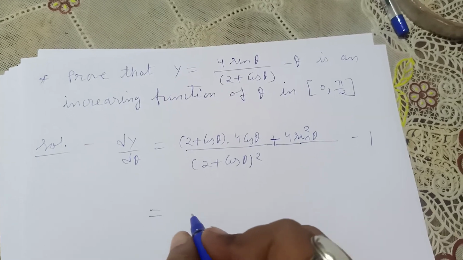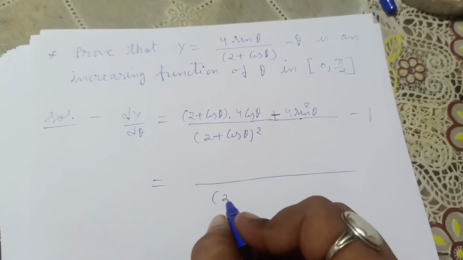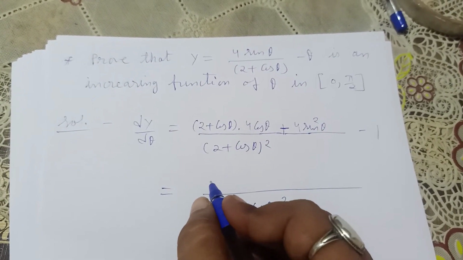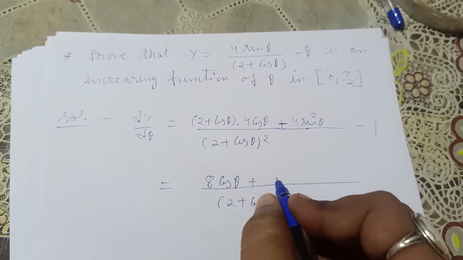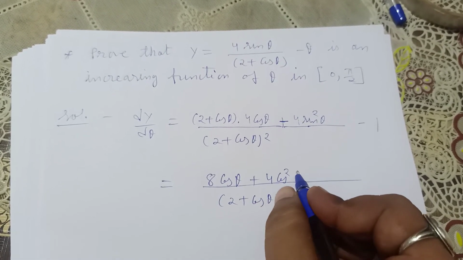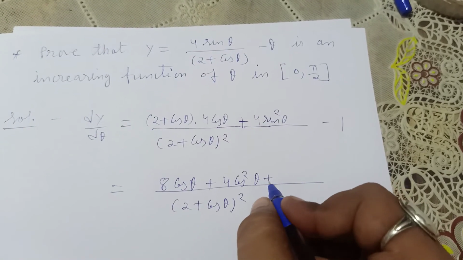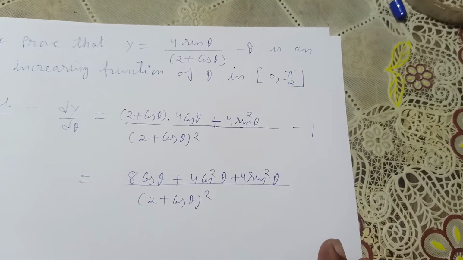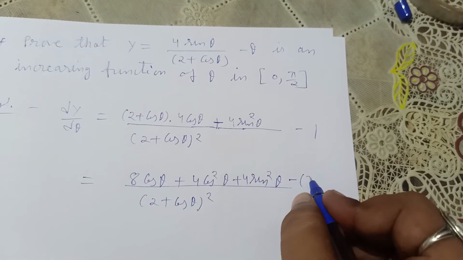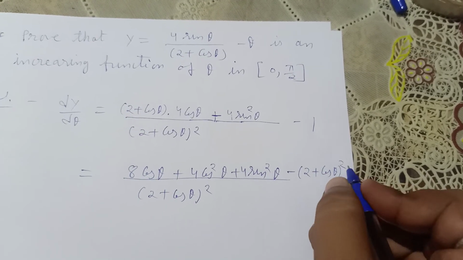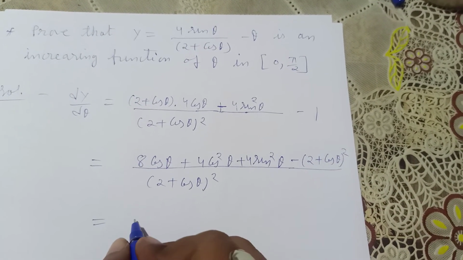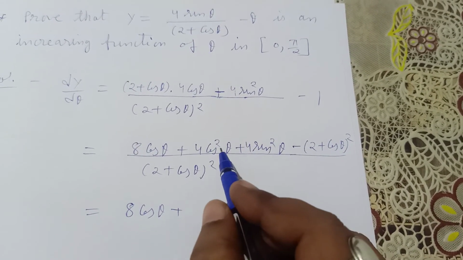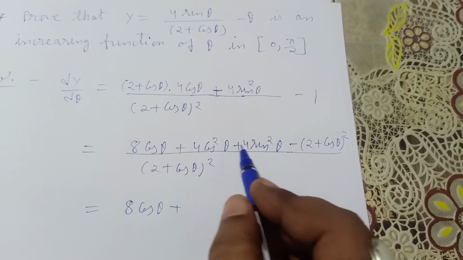Now we will take LCM and simplify. 2 plus cos theta whole square, open the bracket, 8 cos theta plus 4 cos square theta plus 4 sin square theta, and then minus 2 plus cos theta whole square. 8 cos theta, now this will become 4 common, and cos square theta plus sin square theta equal to 1.